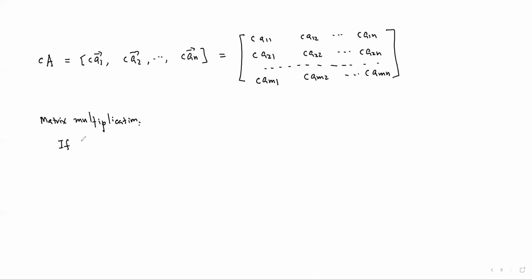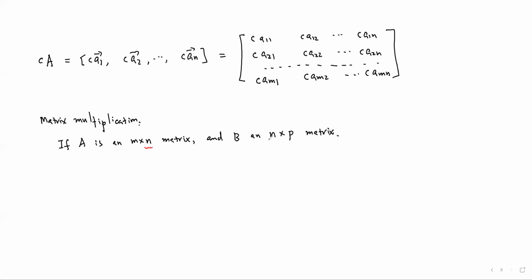If matrix A is an m by n matrix, pay attention now, okay? And B is an n by, say, p matrix. Pay attention.